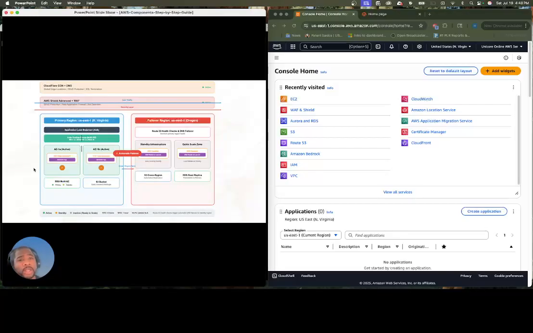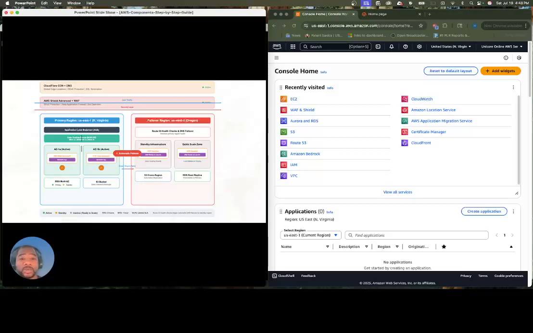Now, this is where the magic happens. When a disaster strikes, and it will, here's what will happen automatically. Route 53 will detect that the primary region is failing, and within 90 seconds it will cross over.